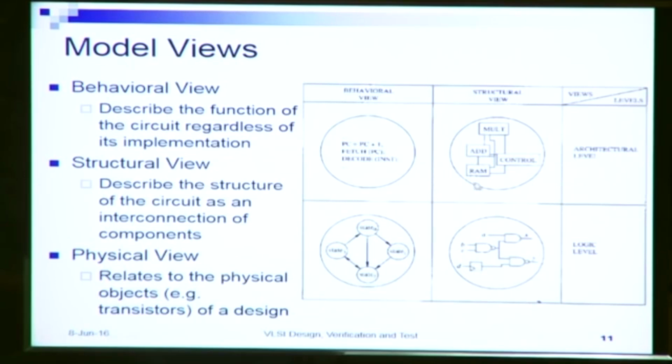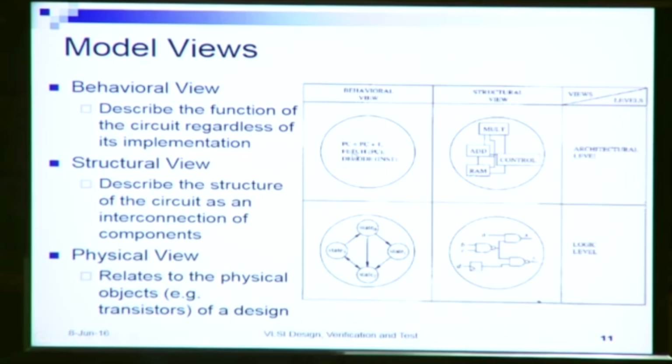So here is a diagram that shows the behavioral and structural views at the architectural level and the logic level. We said that the behavioral view at the architectural level will be composed of a program. So there is a PC plus 1, fetch something, decode something. We are writing in terms of a high level program.